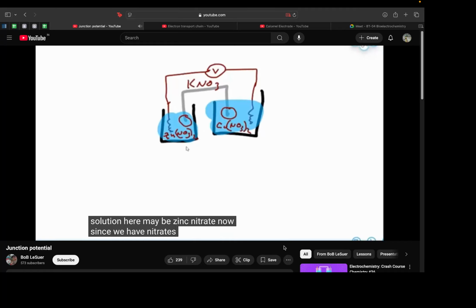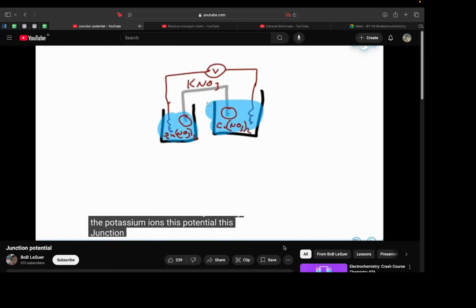Since we have nitrates as all of the anions in this particular case, the anions are not going to contribute too much to the junction potential, but potassium ions and zinc ions and copper ions will all travel with different mobilities. So there will be some charge separation in these areas, possibly because the zinc ions could travel more slowly than, say, the potassium ions.